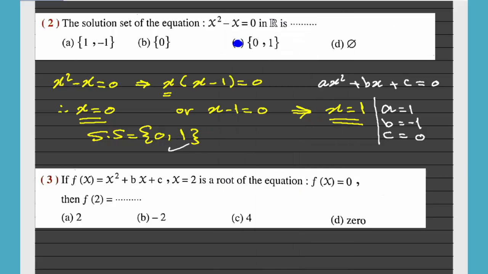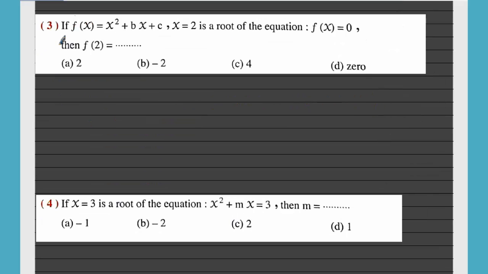Okay. Next question. Question number 3. If f of x equals x squared plus bx plus c, the quadratic function in its standard form, and x equals 2 is a root of the equation f of x equals 0, then what is the value of f of 2?